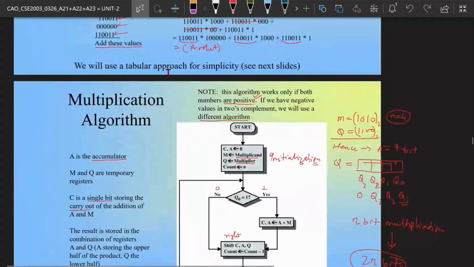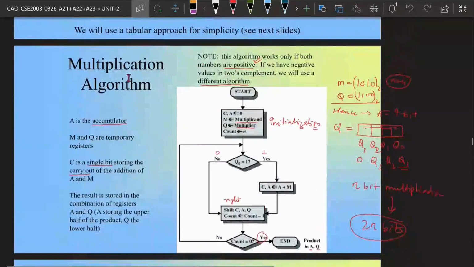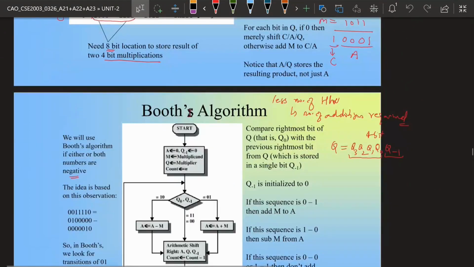So in the case of multiplication, we have seen different algorithms. The first one is the basic algorithm for positive numbers. The next one is the algorithm called Booth's multiplier, which can be used for both positive and negative numbers.